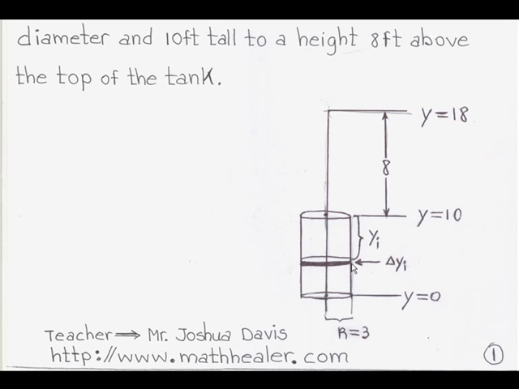Think of it as being 1/100,000th of an inch thick. This is the distance that this disk is from the top of the cylinder. And the top of the cylinder is 8 feet below where we want to pump this fluid. And here the radius is equal to 3. So please copy this diagram because it will be useful and it will be easier to follow the solution process as we go along. Now let's move on to the next page.